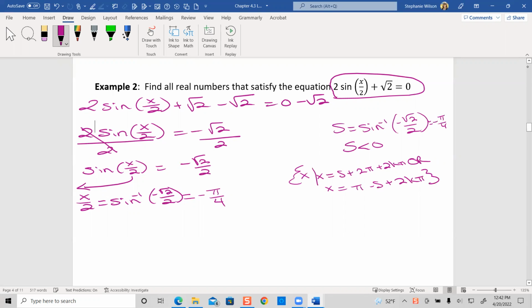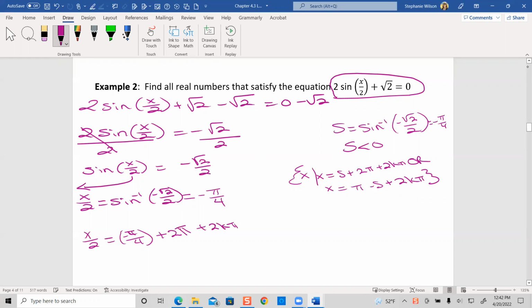So what I'm going to do is, now that I know what s is, I know that it's negative pi fourths. We just can't forget that we have this x halves, so we're going to have to do some extra work here. I'm going to take that negative pi fourths, and let's not forget to add the 2 pi.